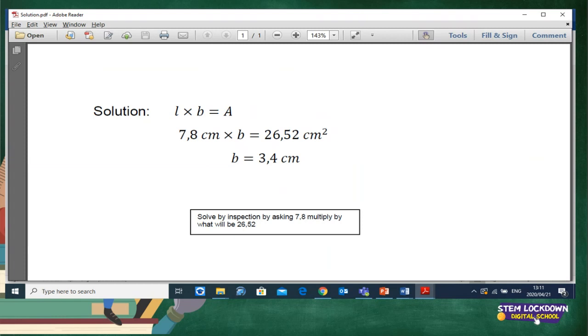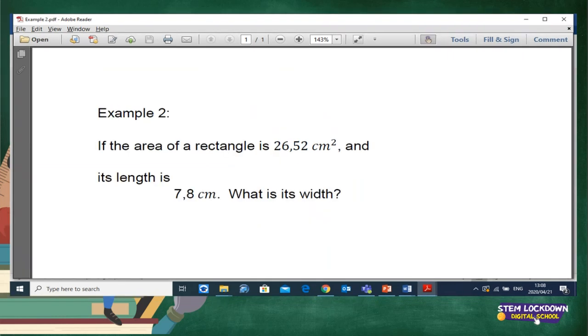B is equal to 3,4 centimeters. So this is the solution to the question that was posed earlier on, where we were given the area of a rectangle together with the length of the rectangle.